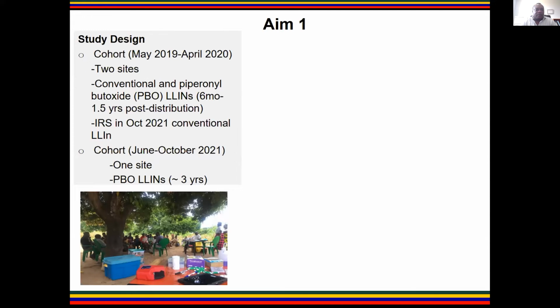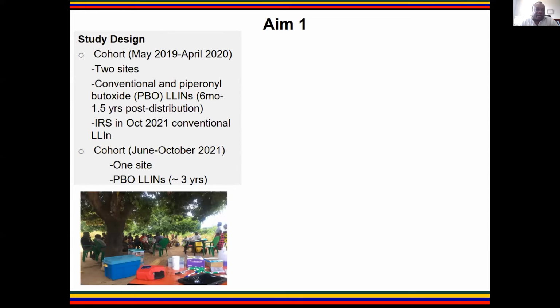After the end of the first cohort, one of our sites had IRS implemented, the site where they had conventional bed nets, so they stopped. The plan from that site from that year was to stop distributing bed nets and instead put in place annual IRS application.